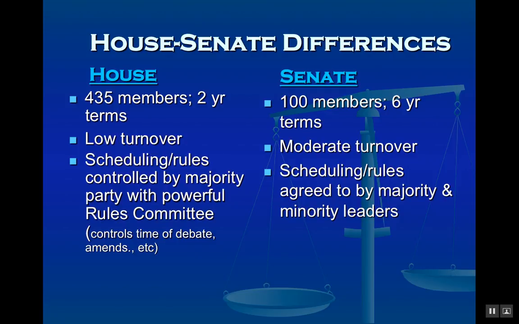But in the Senate, the majority party and the minority party leaders actually collaborate and figure stuff out together. So actually in the Senate, things tend to be structured a little bit more democratically than they are in the House. The House operates a little bit more like a republic, using our terminology, of course.